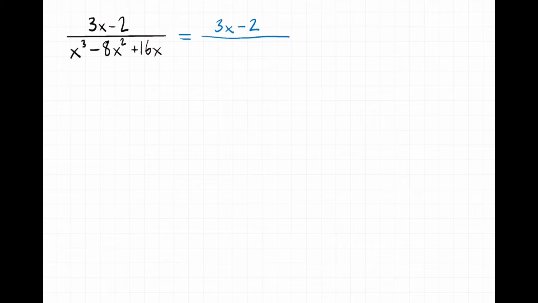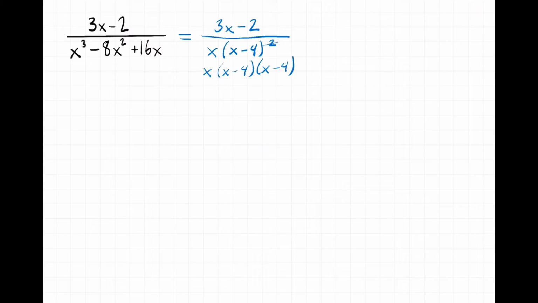But even if the numerator had a higher degree and could be factored, this is a situation where it would not be useful to factor the numerator. But our denominator, we do want to factor. If we factor out an x, and then factor the whole thing, we'll get x times x minus 4 squared. Or you could write that as x times x minus 4 times x minus 4.